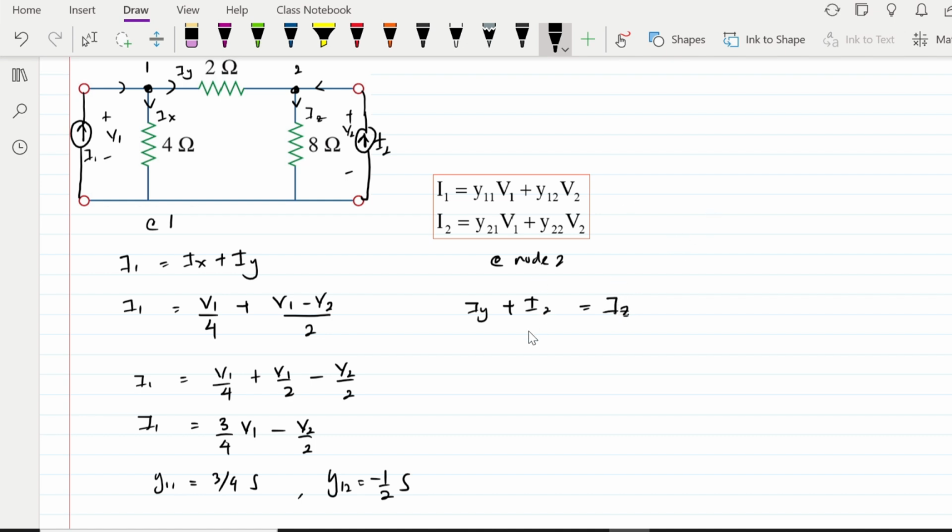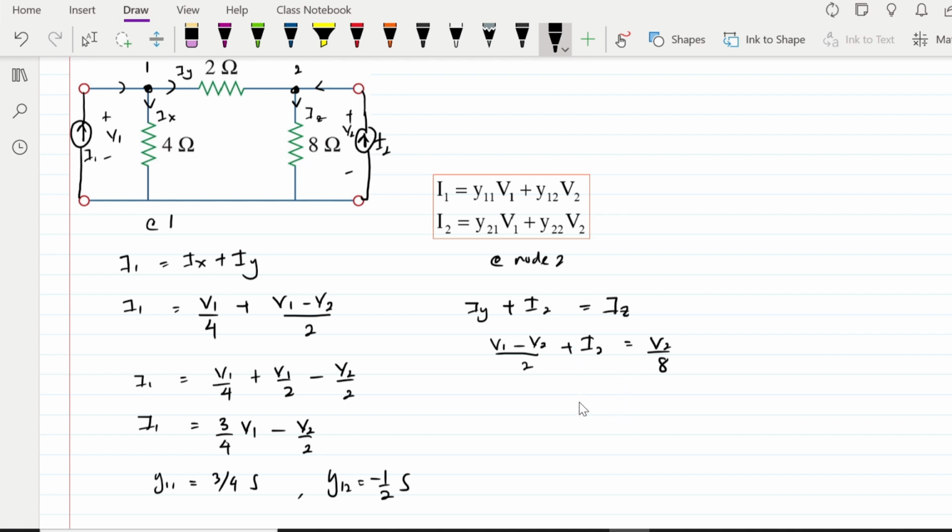So Iy, what is the equation? Iy is V1 minus V2 over 2, plus I2 equals Iz, which is V2 over 8.